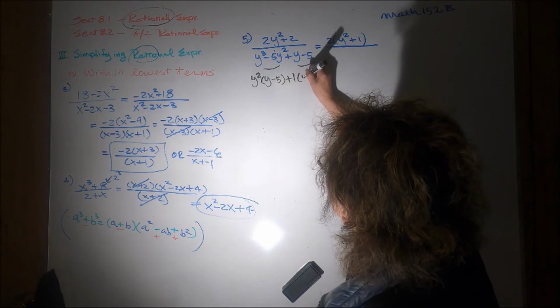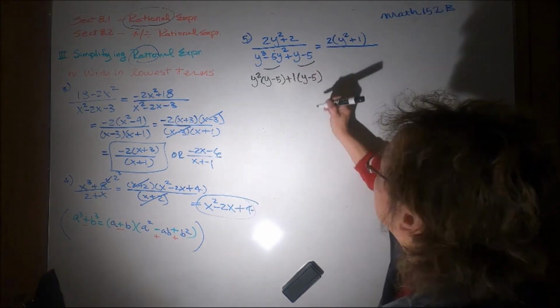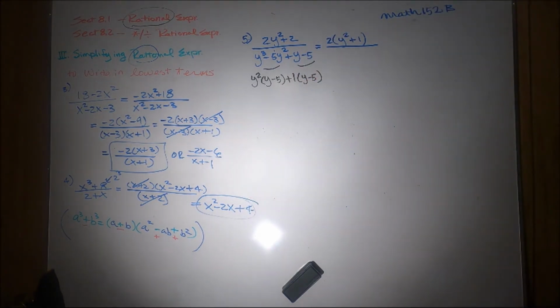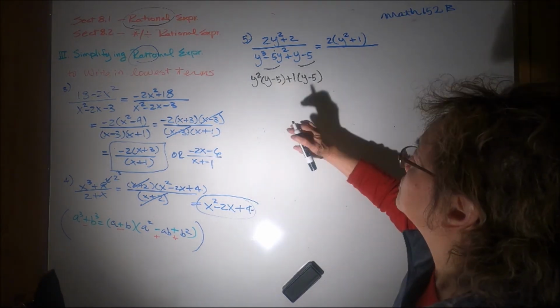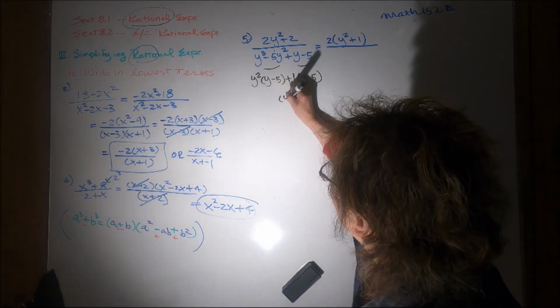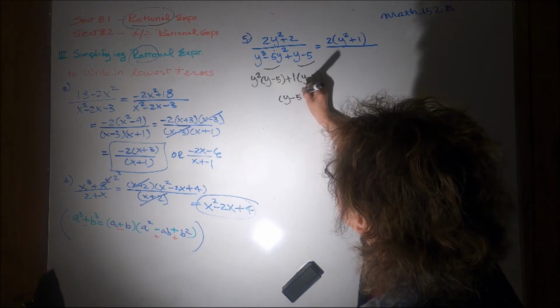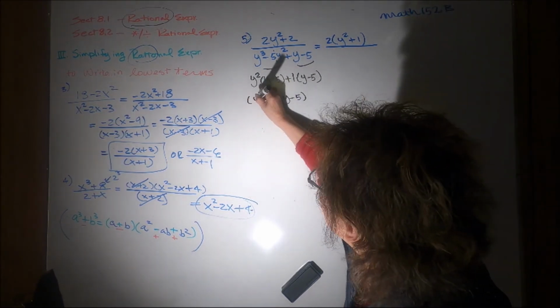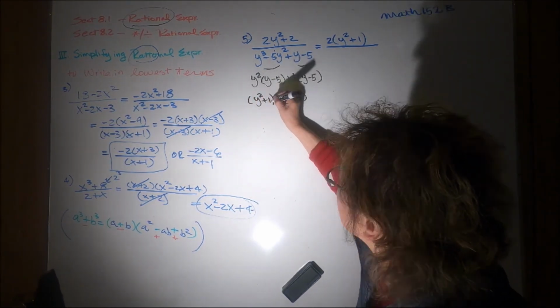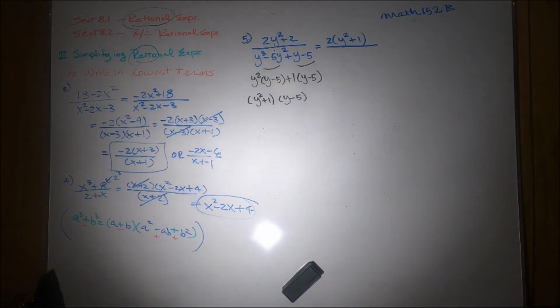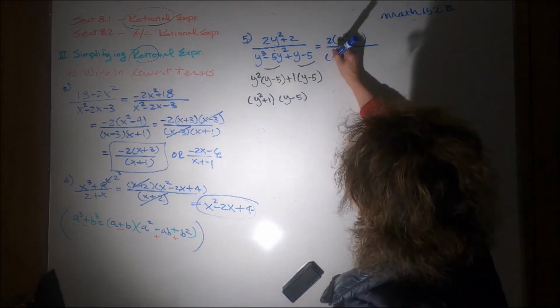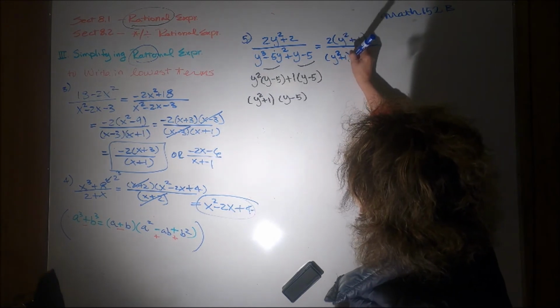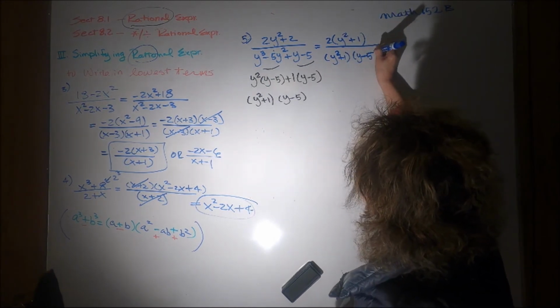Positive 1, y minus 5, right? Then for these 2 groups, you have what's in common? Y minus 5, so you have y squared plus 1. Right? So we break down as y squared plus 1 and y minus 5.